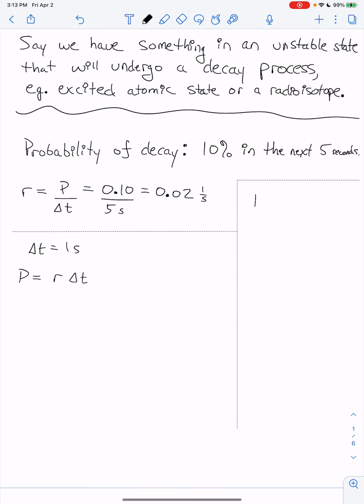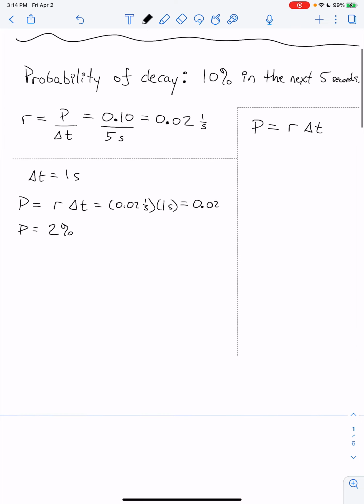I'll make a note of that off to the side. And so that's equal to our 0.02 1/seconds times 1 second, which is 0.02, where probability is equal to 2%.